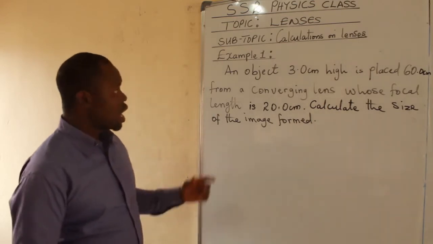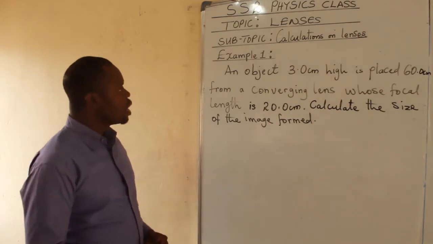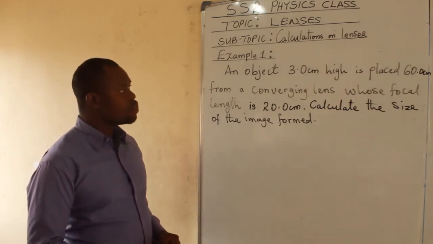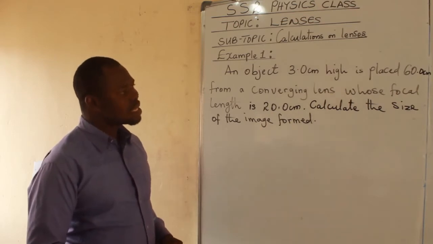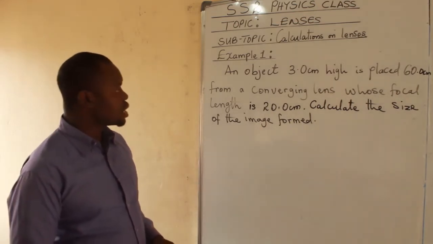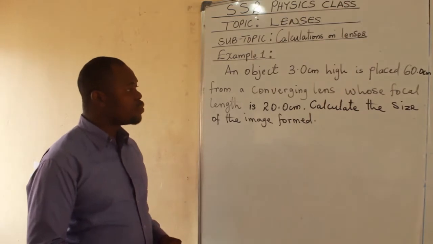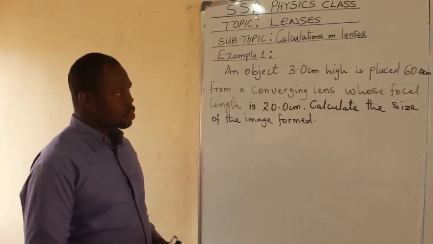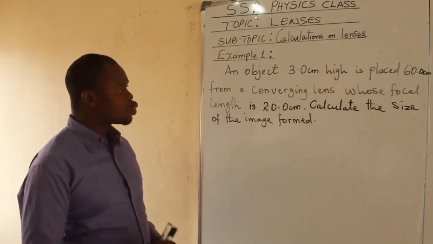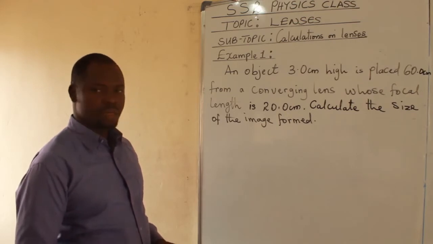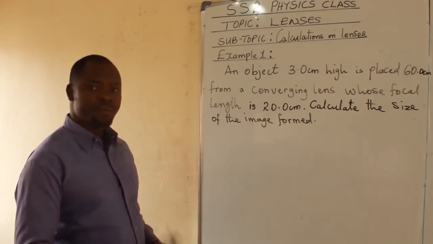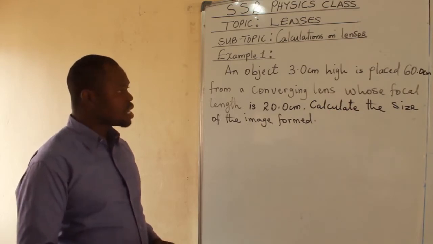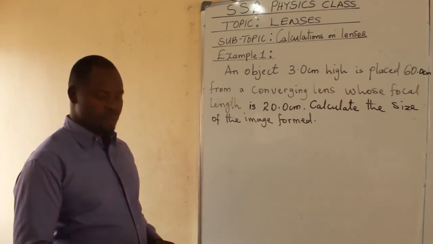Example 1. An object 3.0 centimeters high is placed 60.0 centimeters from a converging lens whose focal length is 20.0 centimeters. Calculate the size of the image formed.